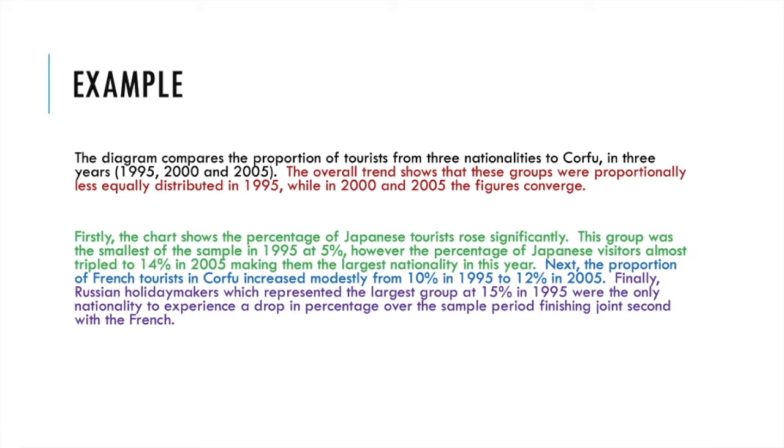As you can see, the number of French tourists has increased modestly. So I've not dedicated too much of my word count going into detail there because you're just looking for what are the main points, what are the most important points in that bar chart.